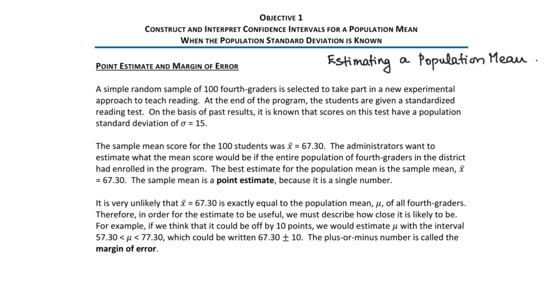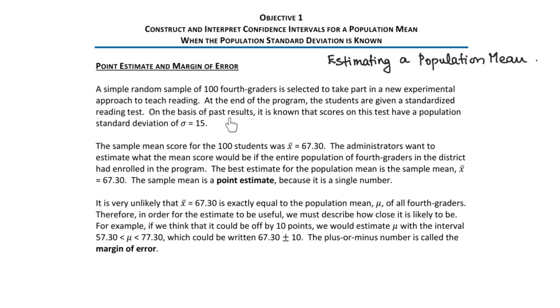How can we measure the reading ability of elementary school students? A certain school is trying to find a new experimental approach to teach reading to 4th graders. So a random sample of 100 4th graders is selected to take part in the new experimental approach to teach reading. At the end of the program, the students are given a standardized reading test.